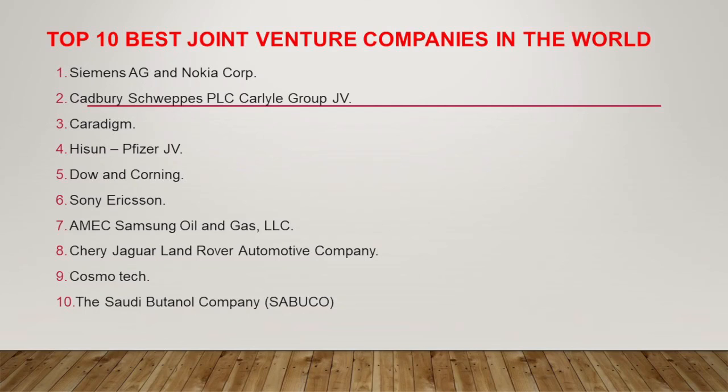Dow and Corning. Sony is different and Ericsson is different, but their joint venture is Sony Ericsson. We see it in electrical goods and others. Samsung Oil and Gas LLC, Cosmotech, Saudi Batnal Company. These are among the 10 best joint venture companies in the world. You can see those.